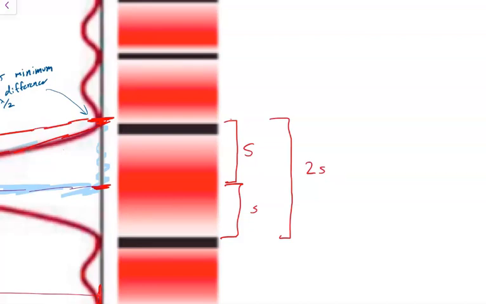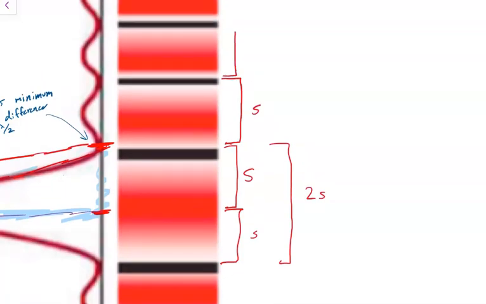It's also true that the distance between each following minimum is the same distance, s. So we would see these distances continue as the same distance as the central max to the first minimum, as shown by this diagram.